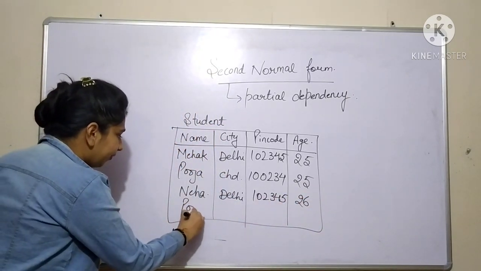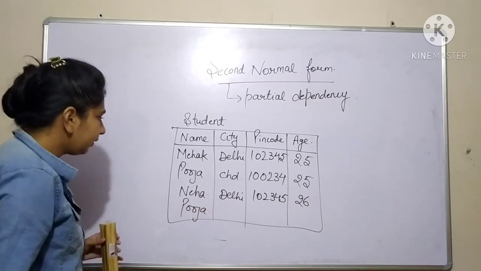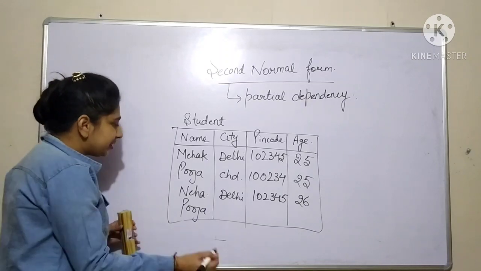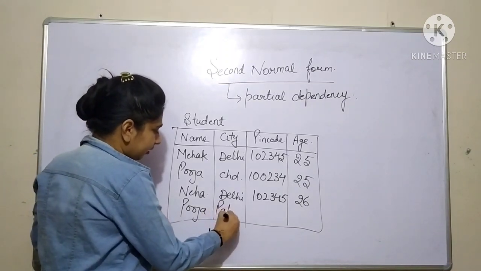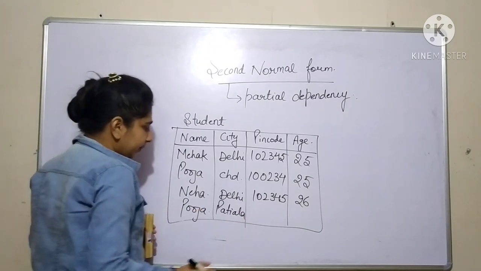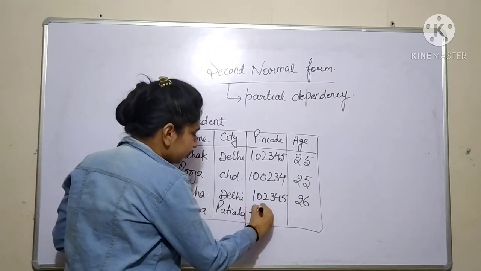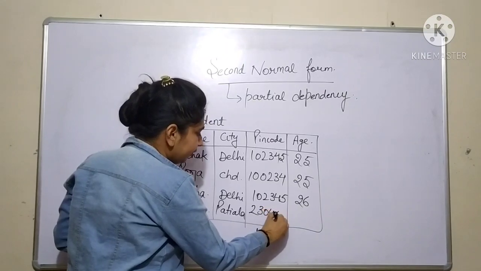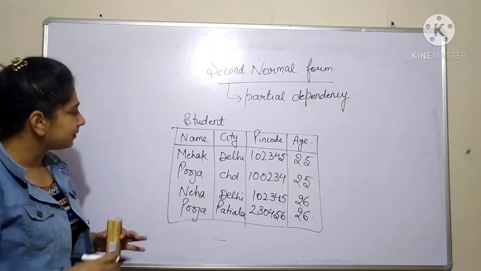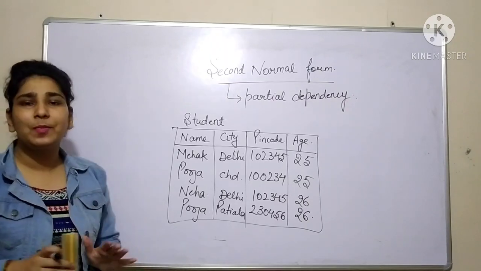Let's suppose we have one more Pooja. She belongs to Patiala, and we have some pin code of Patiala, let's suppose 230456. Her age is also 26. So this is my relation, this is my table.